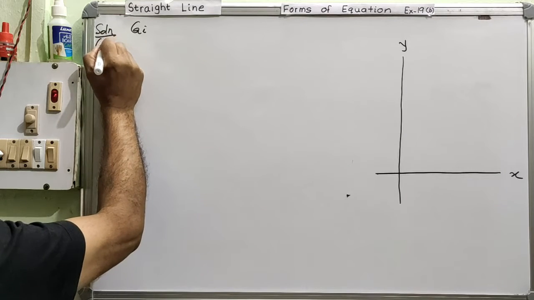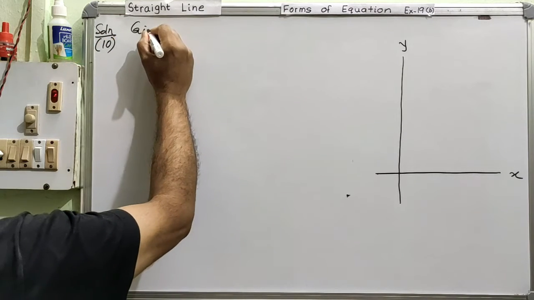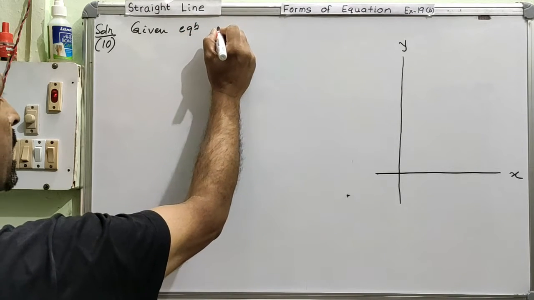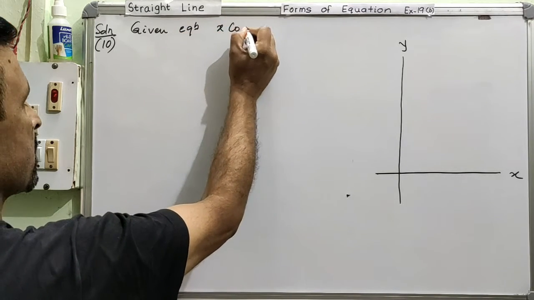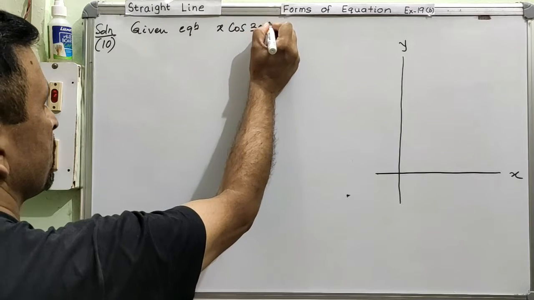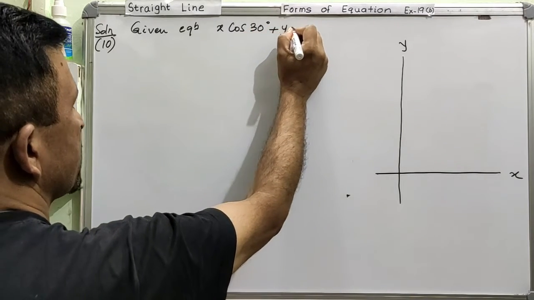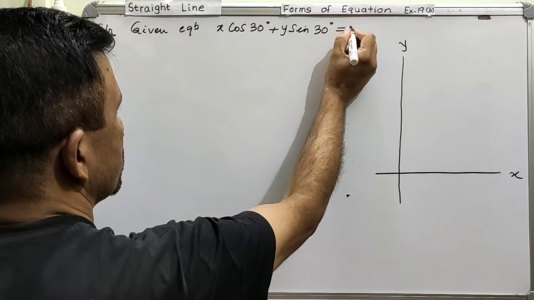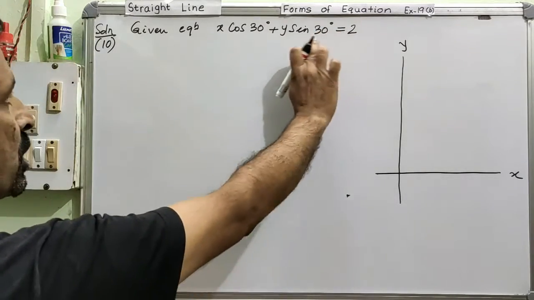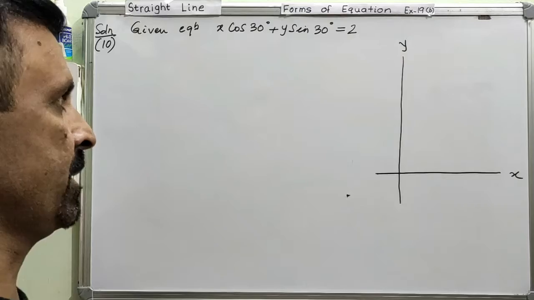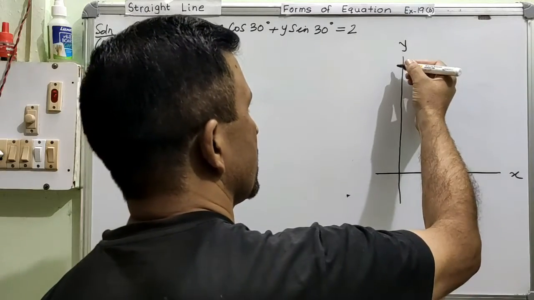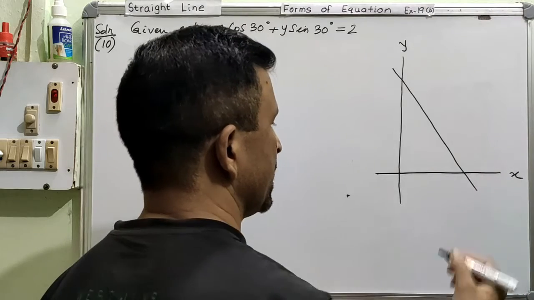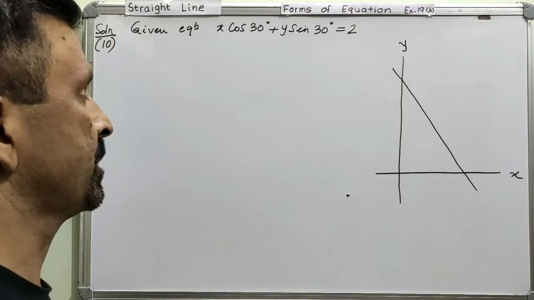The given equation is x cos 30 degree plus y sin 30 degree is equal to 2. So now we have to draw the line for this given equation. Let us draw a line which has an x-intercept as well as a y-intercept.